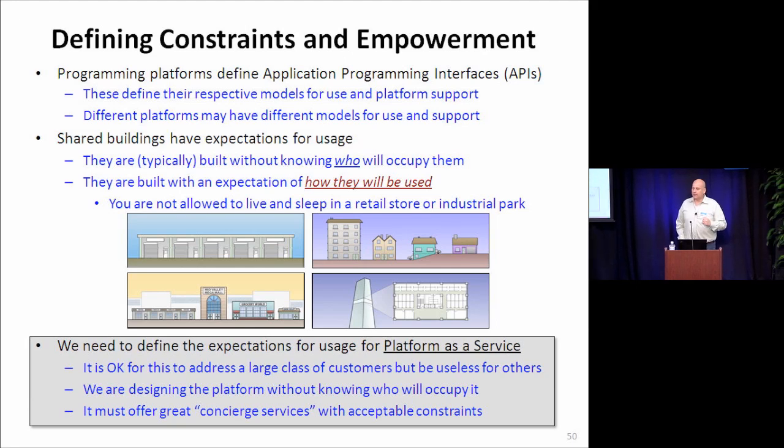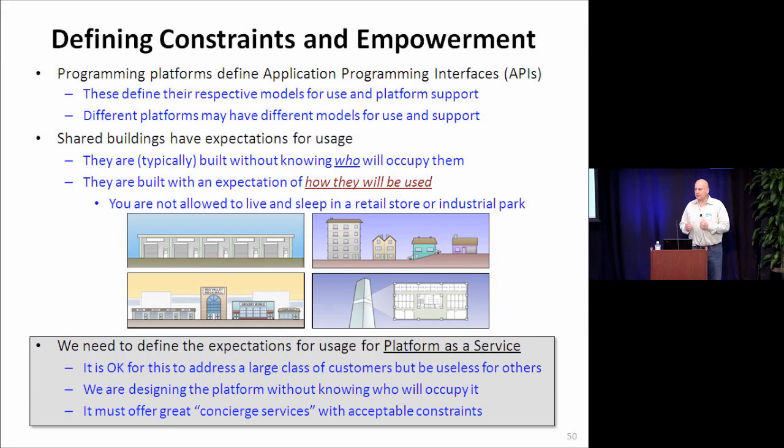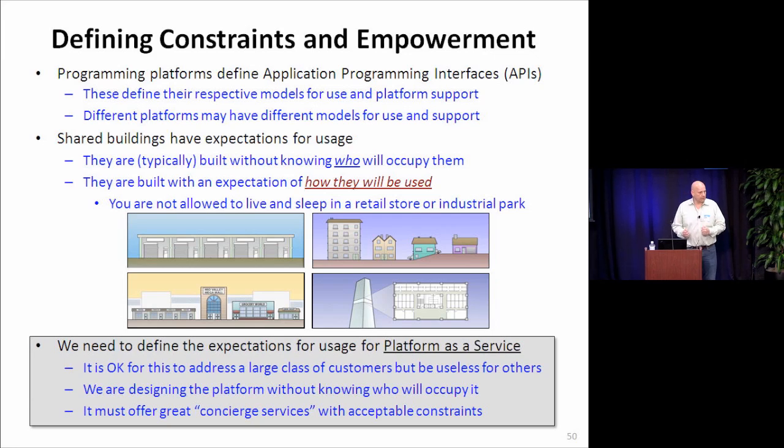Now, we need to define the expectations for usage if we're going to define platform as a service. And I want to emphasize, this does not need to address all classes of computing. I am totally happy if a platform as a service doesn't help with weather simulation, because that's weird stuff. And that's fine.